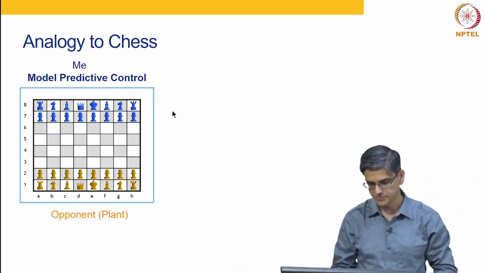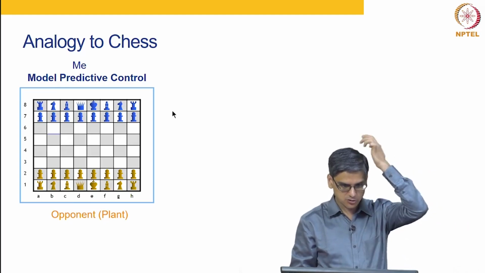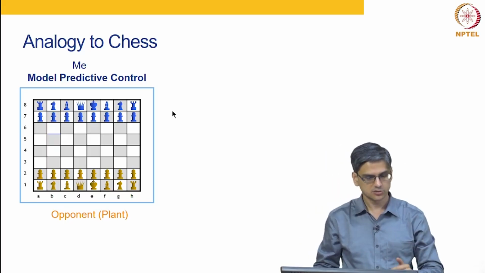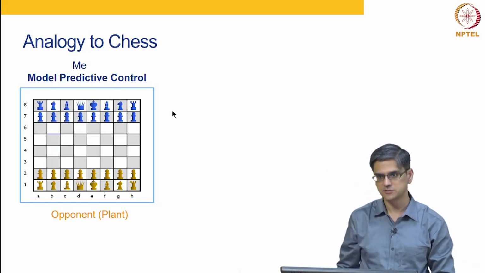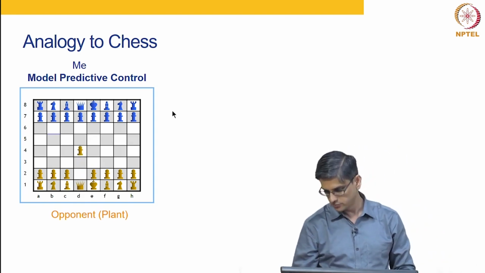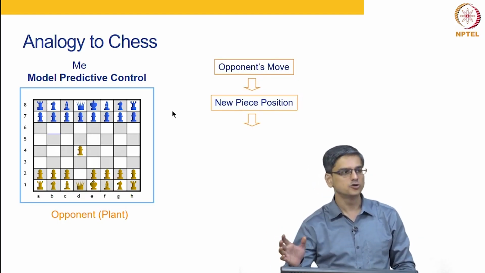No. Okay. So, maybe I can also try to answer this question with an analogy to chess. Let us say you are MPC and you have your opponent which is the plant. Your opponent makes a move, you are going to make a move. How do you make a move?